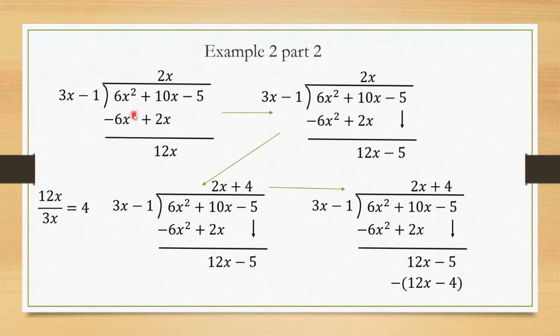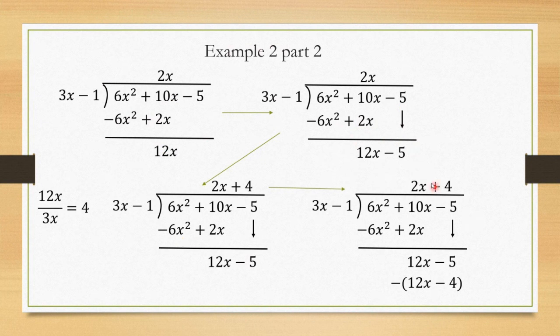Adding, we get 6x squared minus 6x squared, that's 0. 10x plus 2x is 12x. As the arrow indicates, we bring the 5 down, the minus 5, excuse me. Don't forget to bring the minus down with it. So we have 12x minus 5.